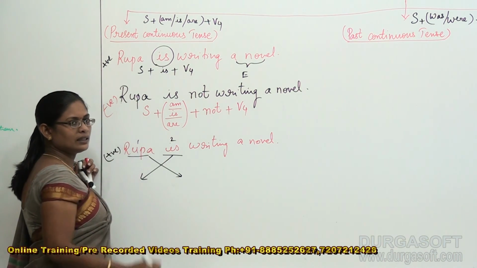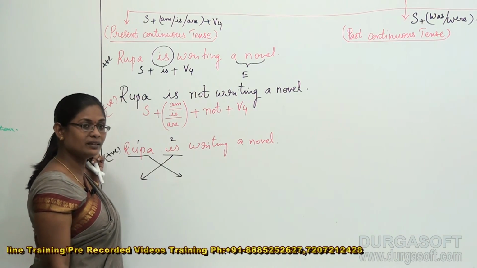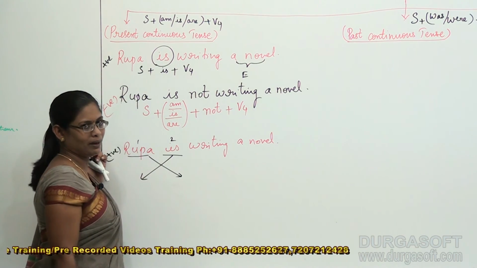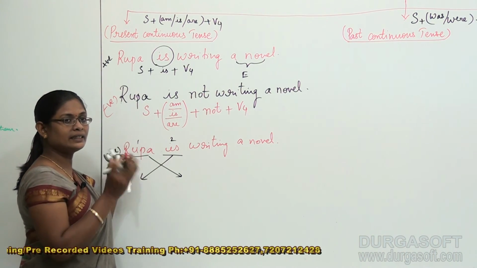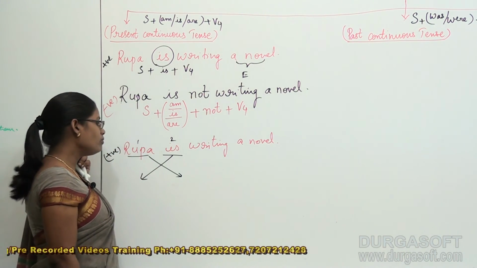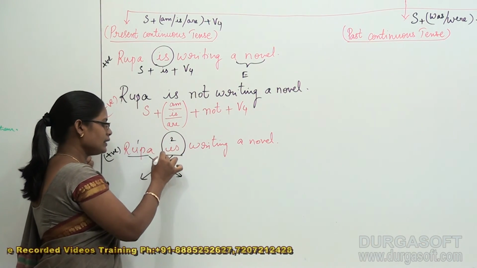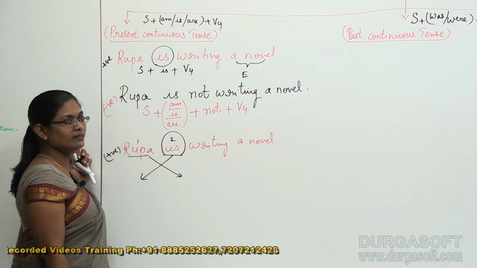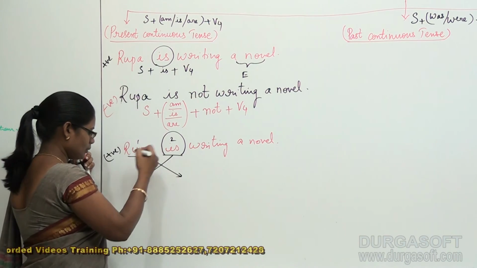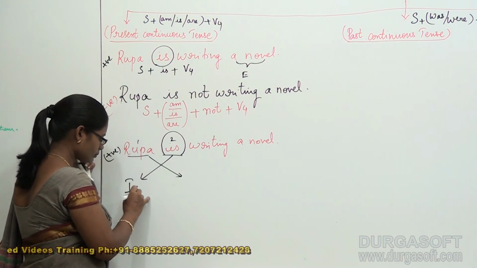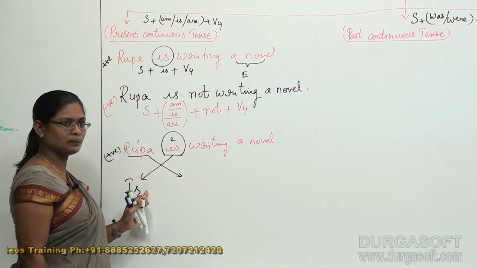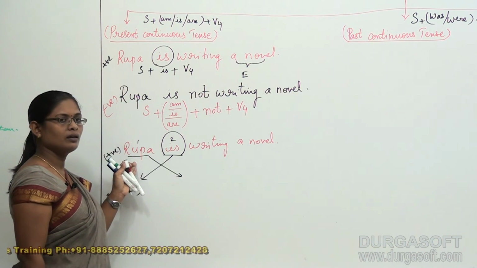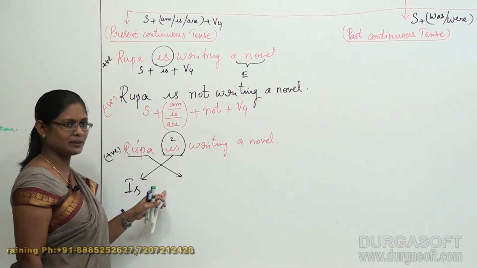It is is, and what is the first word here? It is Rupa. Correct. Now when these both words interchange their places, obviously is is going to be written first. Okay, so is, and when is takes the first place, automatically Rupa goes to the second place.